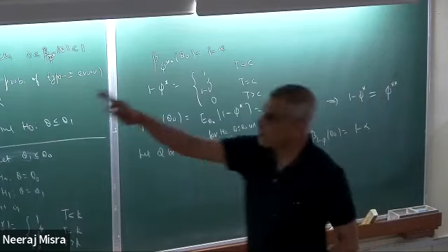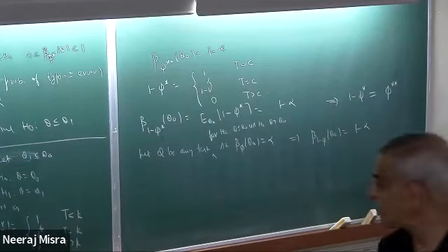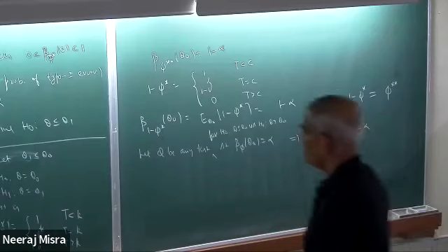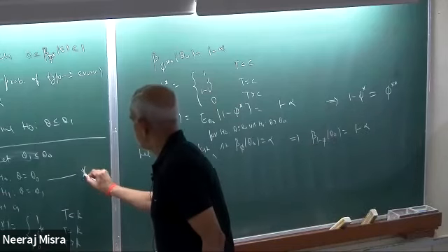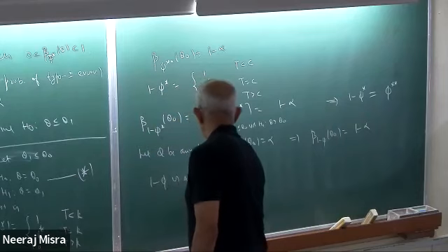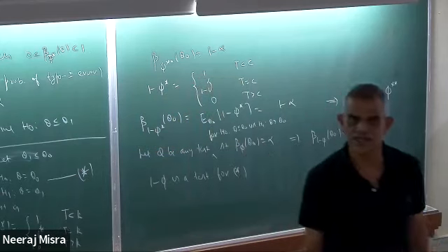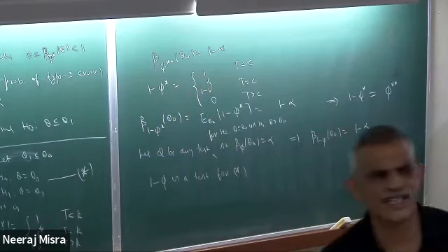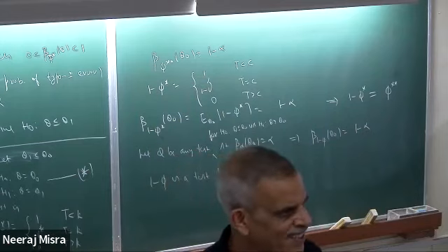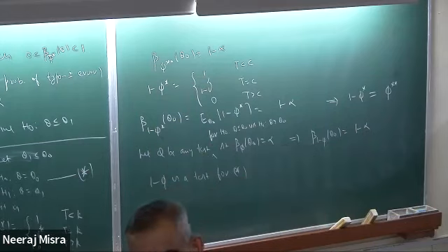Now, if phi is a test, 1 minus phi is also a test, so I can consider 1 minus phi a test for testing hypothesis star. Because the only definition of phi is that it should be based on a sample and should be between 0 and 1. So if phi is between 0 and 1, 1 minus phi is also between 0 and 1. So it is a proper test.